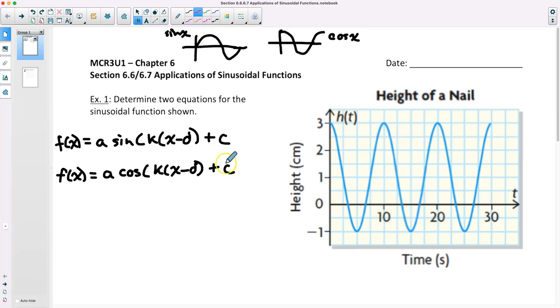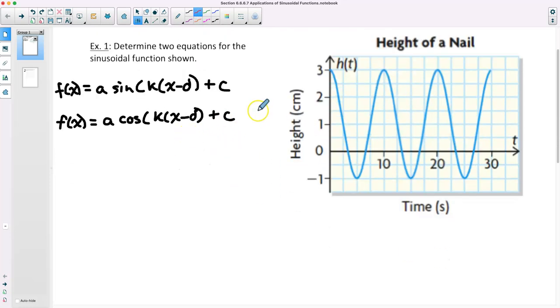Okay, so the first place that you can start is to determine some elements that are going to be similar for both. For example, this axis of curve will be the exact same for both. The axis of curve, c, is going to be the maximum plus the minimum, divided by 2.